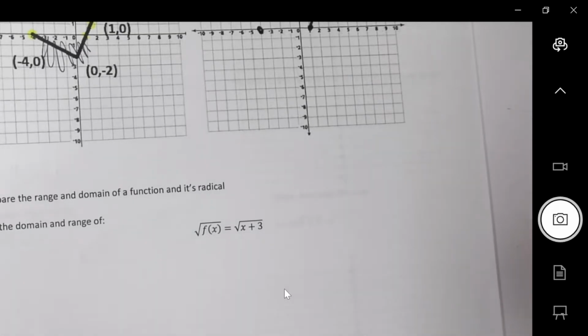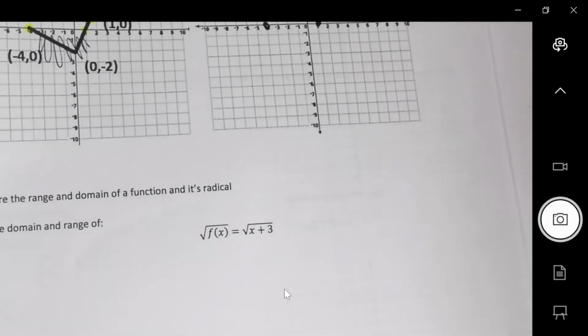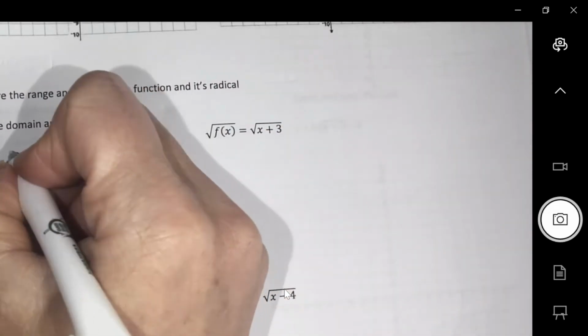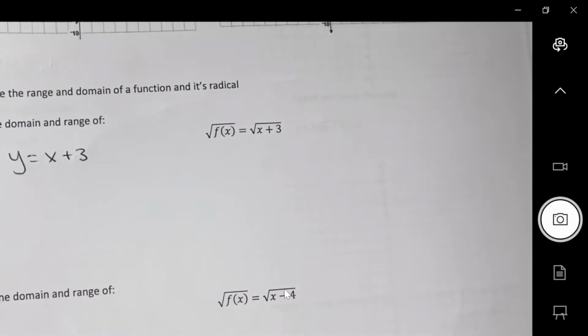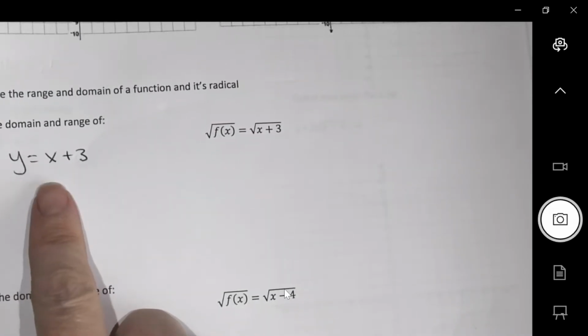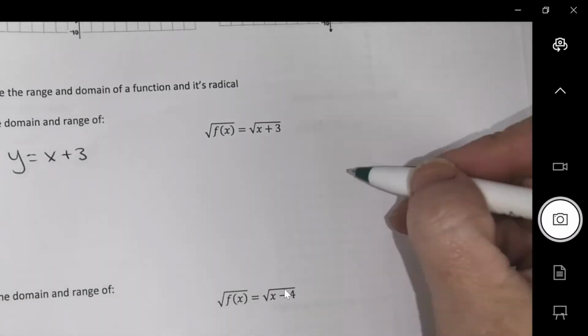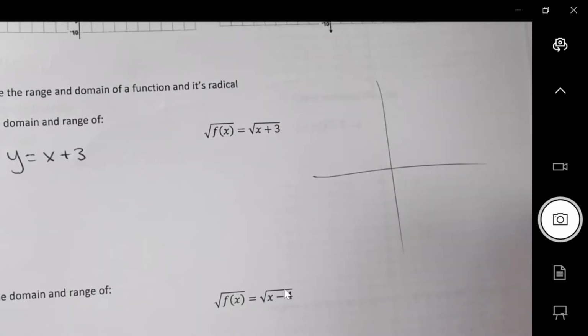Find the domain and range of this graph. Okay, people, grade 10. How do you graph this? How did you do this in grade 10? What shape is it when you graph it? A line. What do you know about this line?